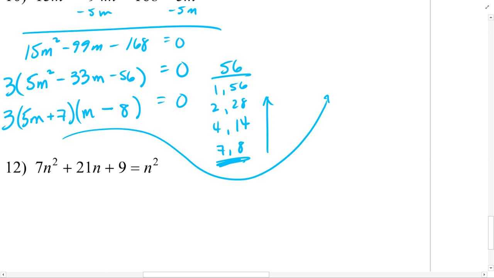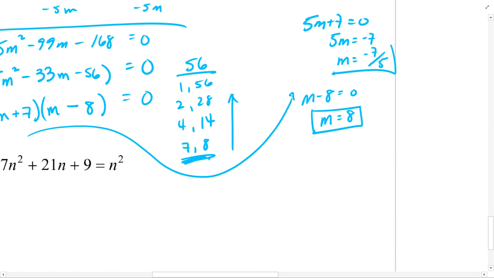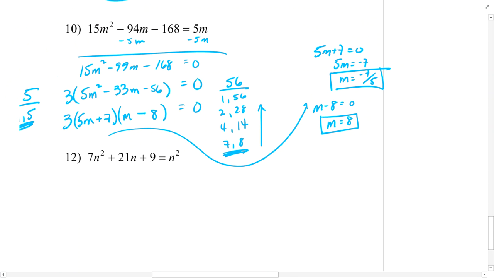Again, I've seen enough of these to recognize that if I have a factored group, then 5m plus 7 equals 0 produces one answer, and m minus 8 equals 0 produces another. In this case, m would be equal to 8 after I add 8 to both sides. And in this case, after I subtract 7, I'm left with 5m equals negative 7, and m by itself is negative 7 divided by 5 after I divide both sides by 5. And these are my two solutions.